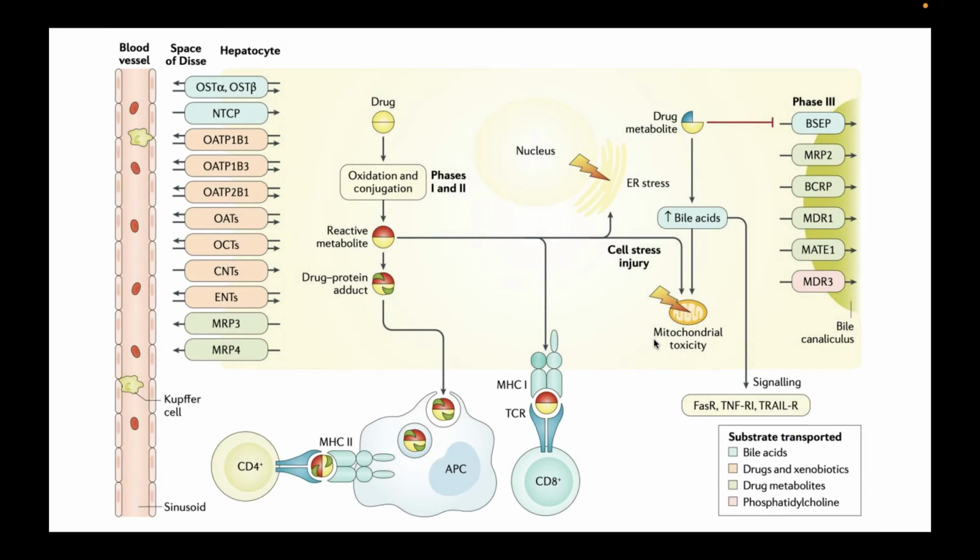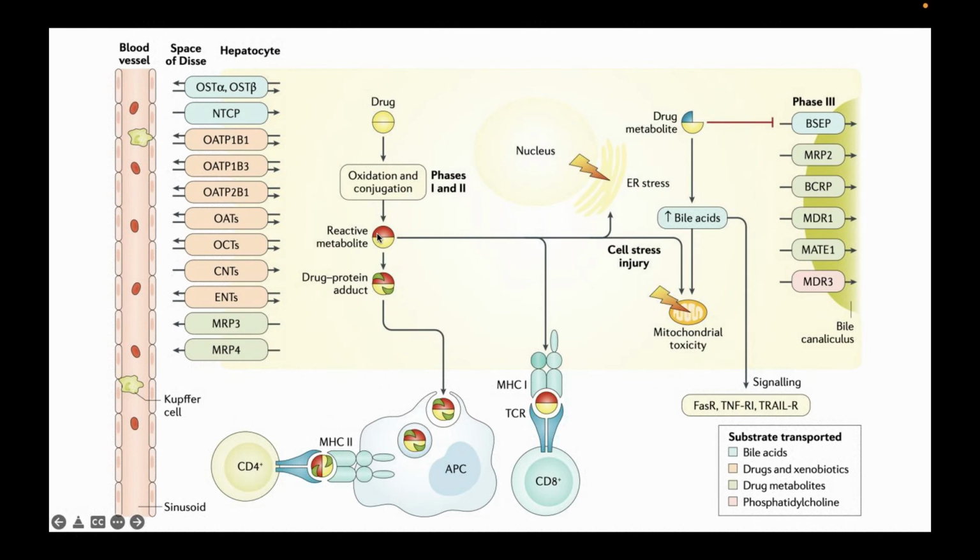If you really zoom in on the hepatocyte, the drug gets taken up here from the blood vessel. So this is the hepatocyte, this is the blood vessel, and right here is the biliary side. The drugs get taken up by the hepatocyte by all these transporters, and can undergo oxidation and conjugation, phase 1 and 2.